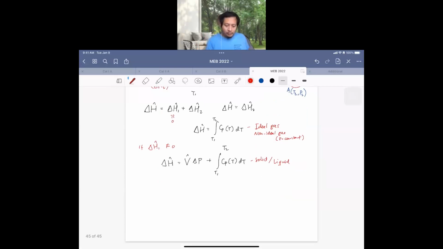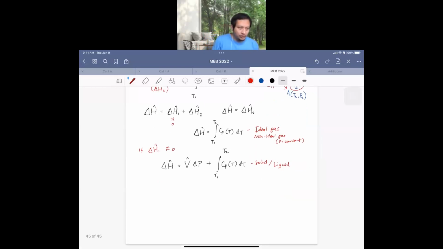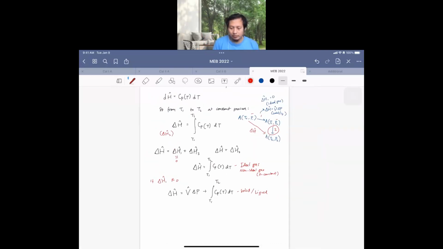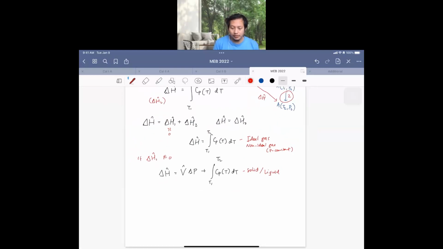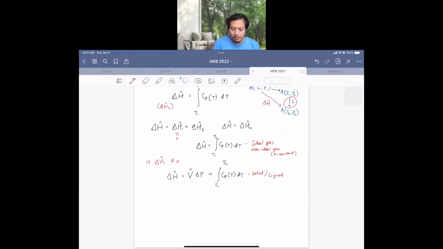Now the connections for Cp and Cv, the heat capacities, we have some relations for obvious reasons.